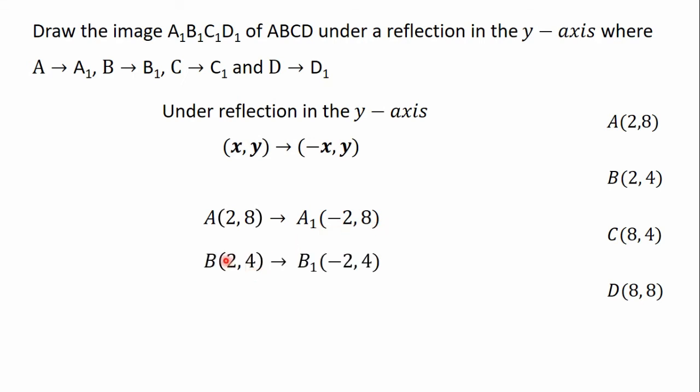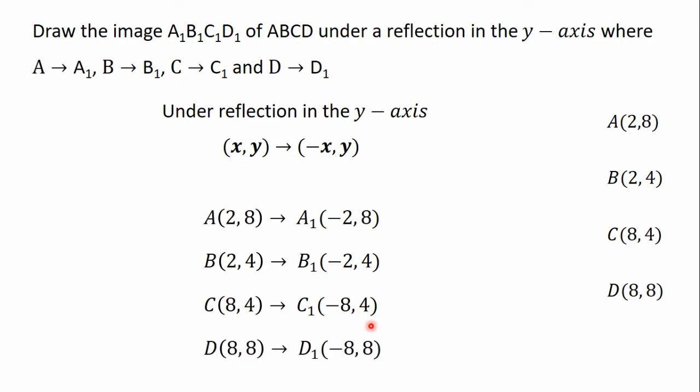In the same way, when we reflect the point B with coordinates 2, 4, the image B1 will give us -2, 4. When we reflect the point C with coordinates 8, 4, the image C1 will give us -8, 4. And when we reflect the point D with coordinates 8, 8, the image D1 will give us -8, 8.